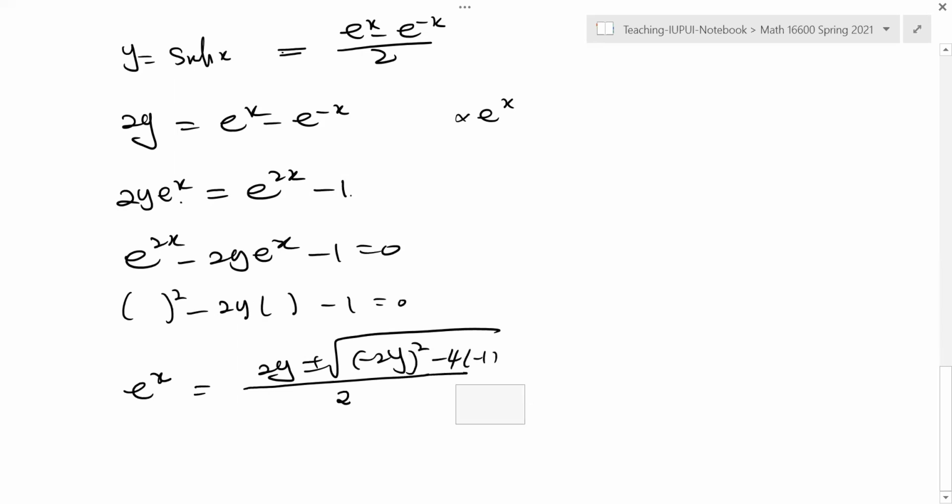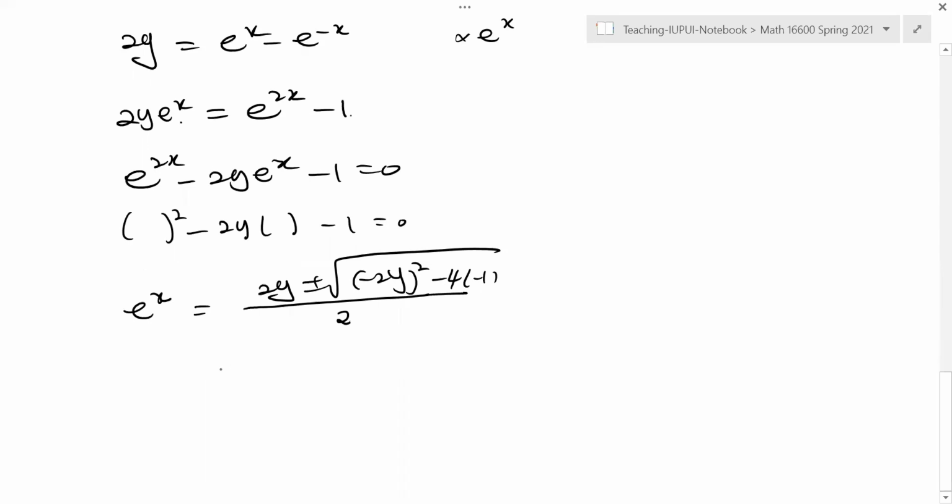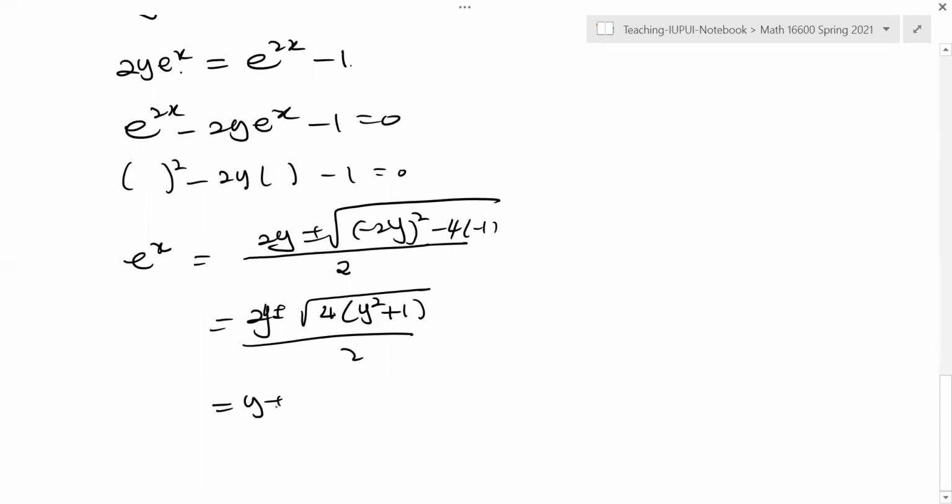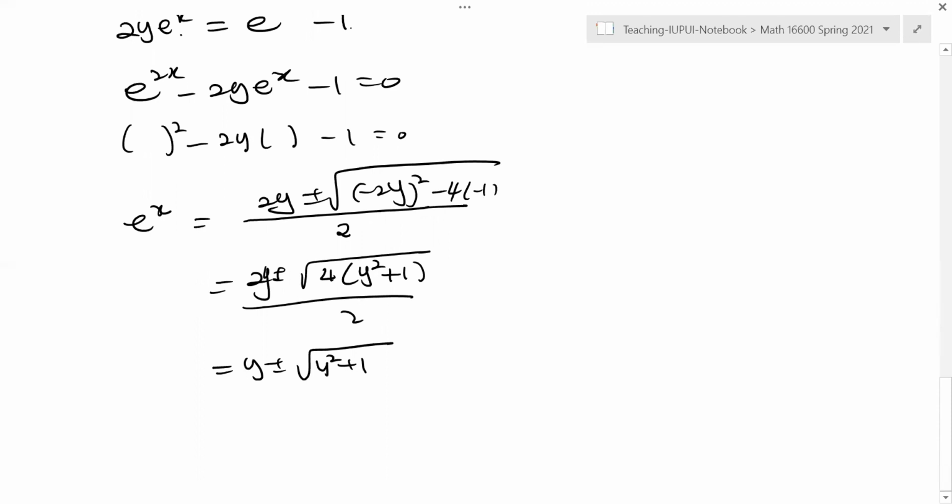So it's going to be 2y plus or minus the square root of 4y squared plus 4, divided by 2. Now this 4 can be taken out, so this 2 cancels out. It's just y plus or minus the square root of y squared plus 1. All right. This is e to the x.